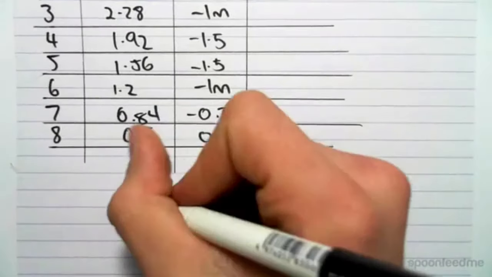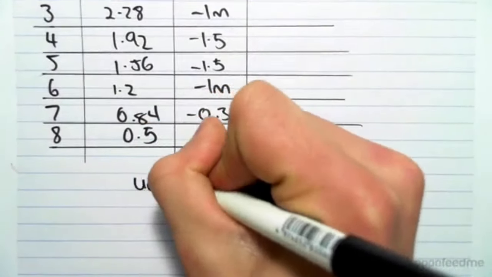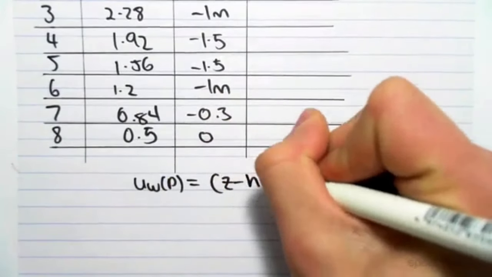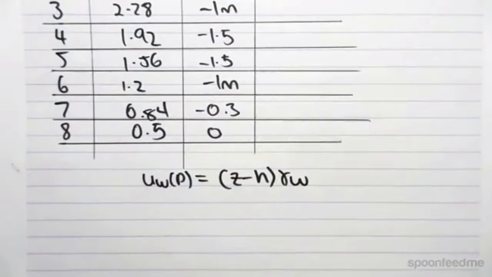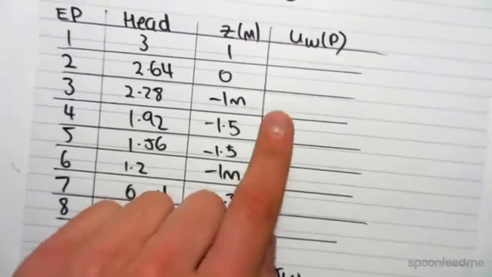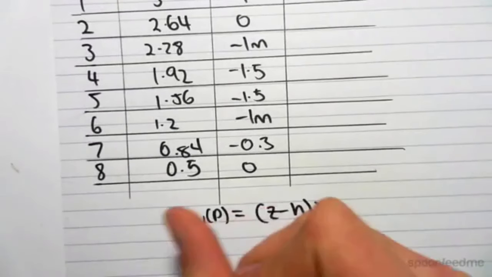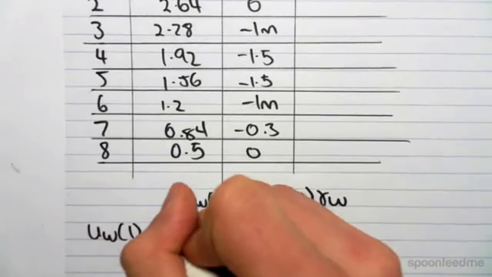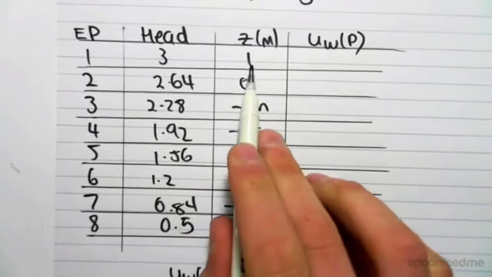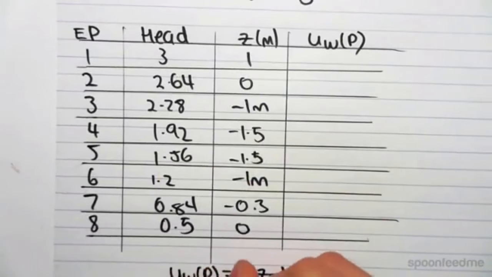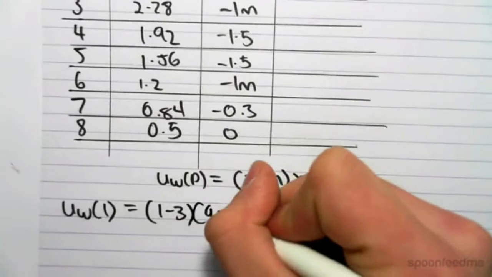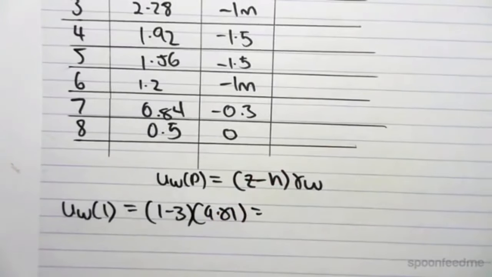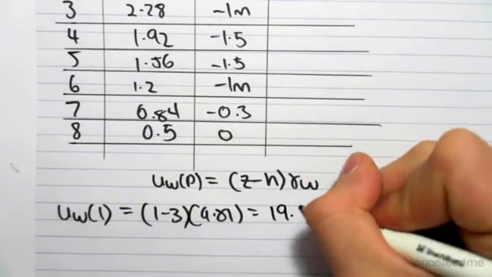Now we're going to find the pore water pressure at all these points. We know from the previous video that the pore water pressure at any point is equal to Z minus H, outside of gamma W. So for the pore water pressure at point 1, it will be 1 minus 3, outside of 9.81. So 2 by 9.81, we get 19.6.